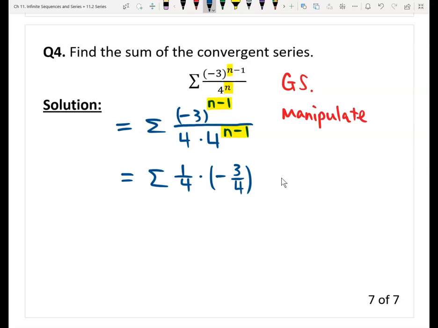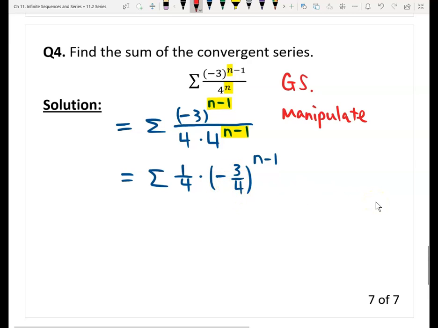Now we have the power n minus 1, and this is just the power of a quotient. Do you remember that? So this time we definitely know it is a geometric series, right? So where is A? Here is A. Where is R? Here the base is R.